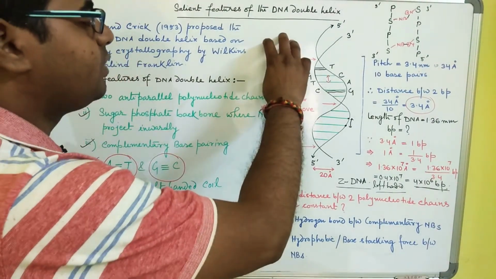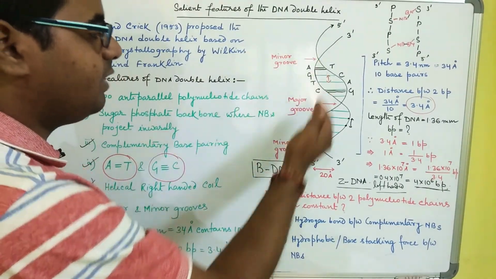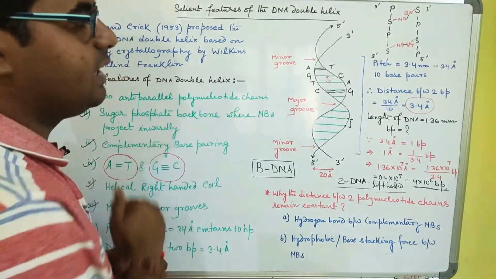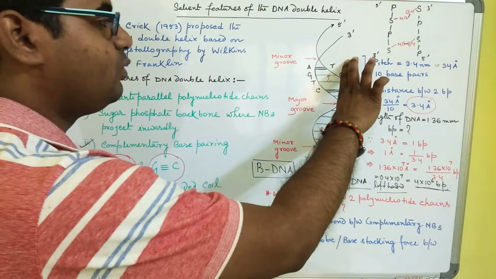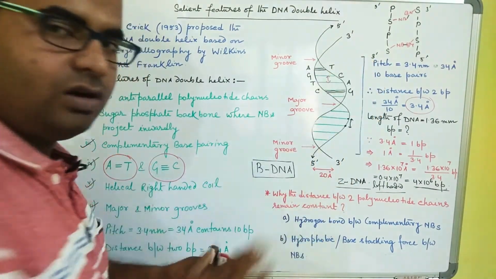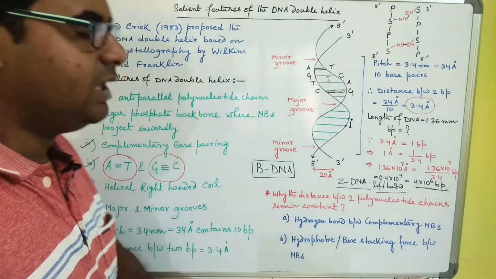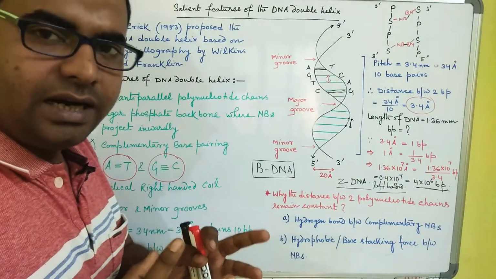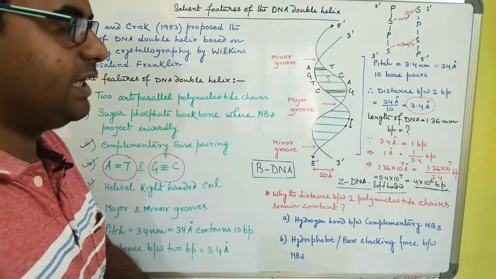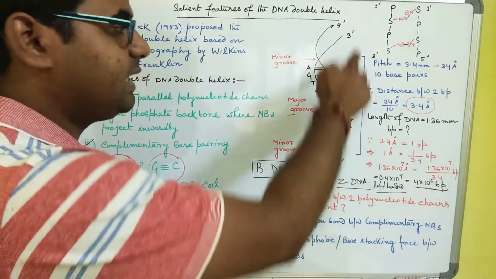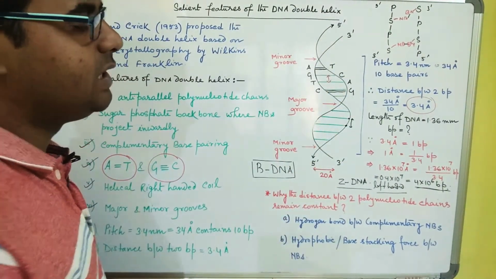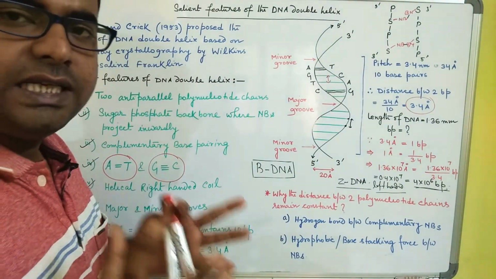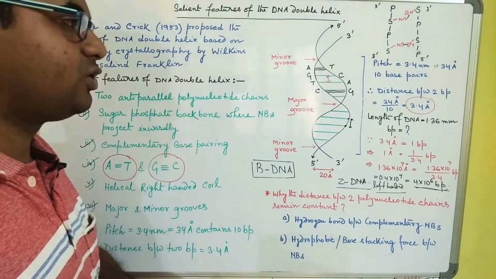Okay, so one minor groove is alternating with a major groove, and then again a minor groove will come. So the distance between two consecutive major grooves or two consecutive minor grooves is called one pitch or one complete turn of a DNA double helix. And what is the distance? If we calculate the distance of this one pitch, it will come around 3.4 nanometer, or it is equivalent to 34 angstrom.